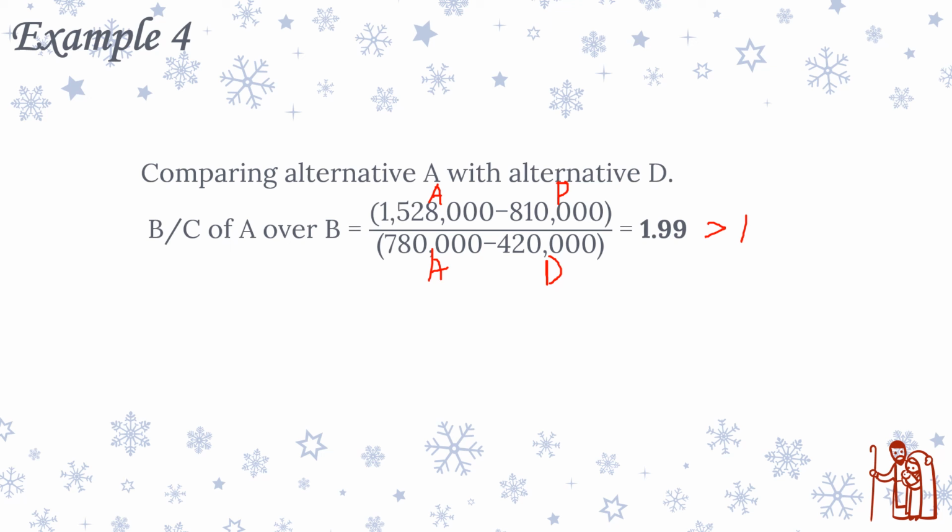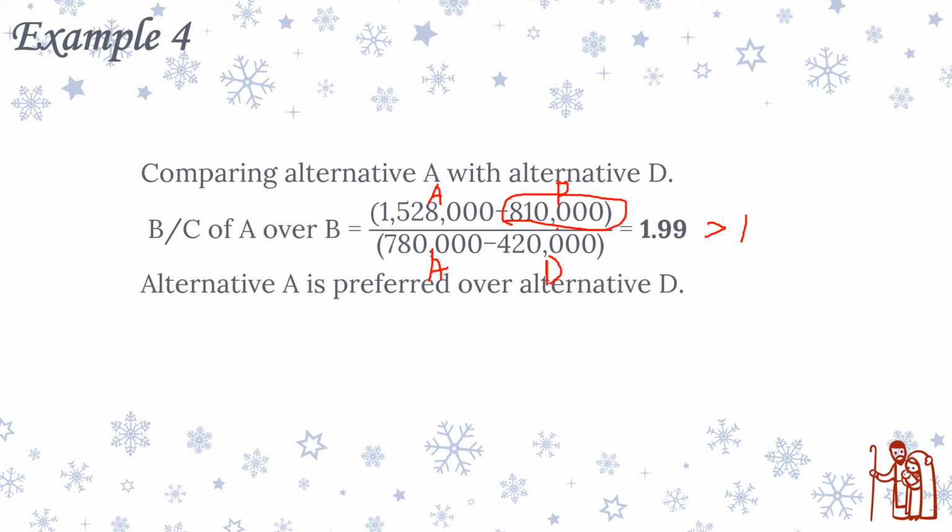Therefore, you may conclude that A is still the more economical of the two. Because even though D is cheap, its cost is 420, A has a much bigger benefit, and the ratio is acceptable. Okay, therefore, you would go for alternative A. Meaning, alternative A prevailed over all, so your conclusion would be to select alternative A.